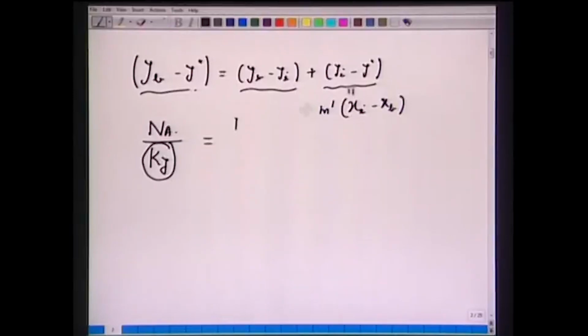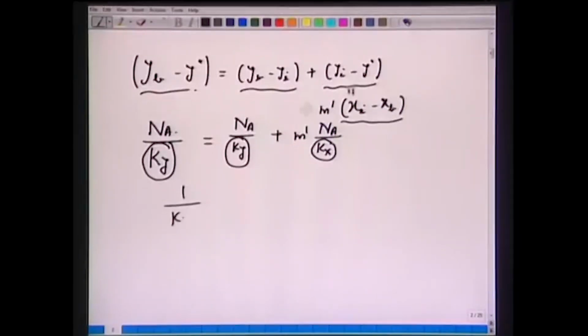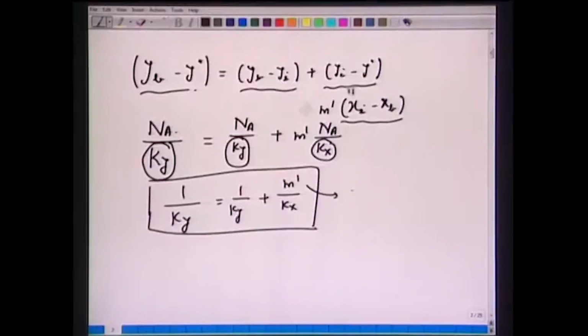Similarly, we can write yB minus yi as NA over small ky, the individual film mass transfer coefficient, plus m dash times xi minus xB, which we can again write as NA over small kx, the film mass transfer coefficient in the liquid phase. So we obtain the same relation which we had earlier: 1 over Ky equals 1 over small ky plus m dash over kx, where m dash is the slope of the solubility curve.